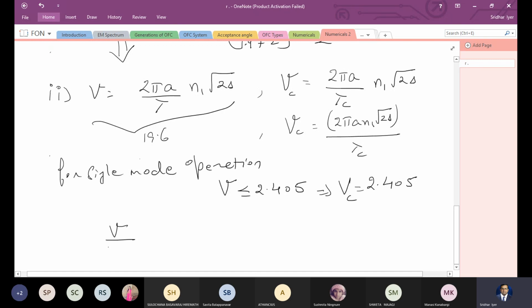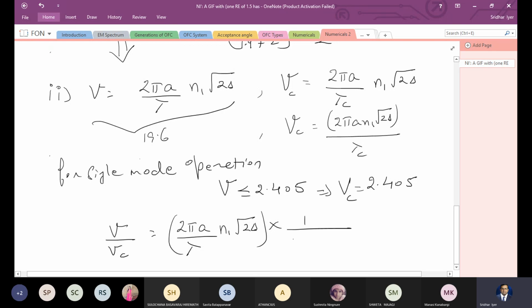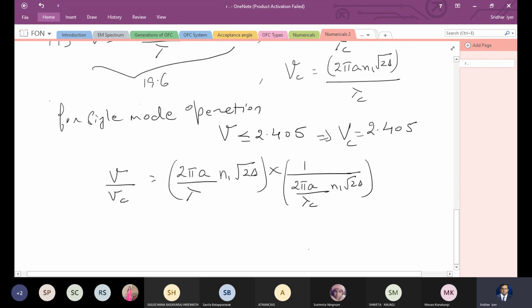So I'll have V divided by VC. The value of V is 2 pi a divided by lambda n1 root 2 delta, into 1 by the value of VC, which is 2 pi a divided by lambda c n1 root 2 delta, because the fiber is the same, only the cutoff wavelength is going to change, right?